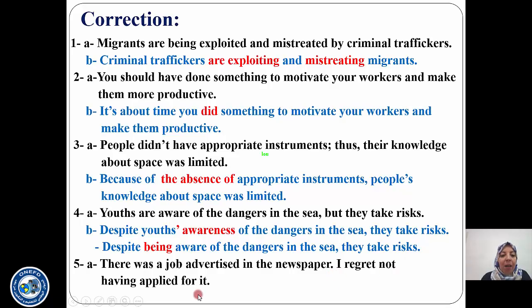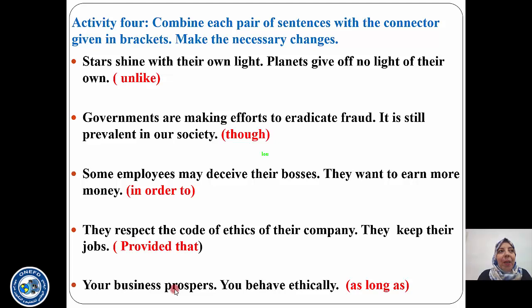I regret not having applied for it. Now, is it a regret about the present or about the past? Of course, not having applied is past. So the tense you have to use is: if only I had applied for the job advertised. This is expressing wish. Activity 4 in grammar, always.